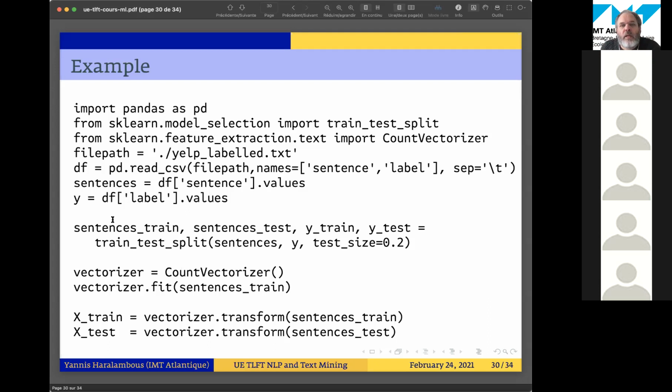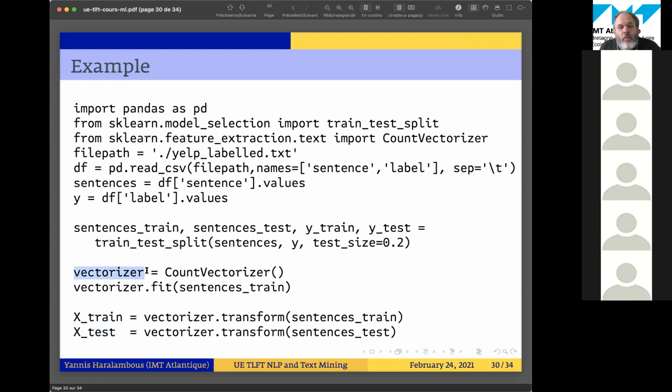I'm doing this with this Python function that returns the train corpus, the test corpus, train labels, test labels. Again, I vectorize and fit, this time separately for training and testing.